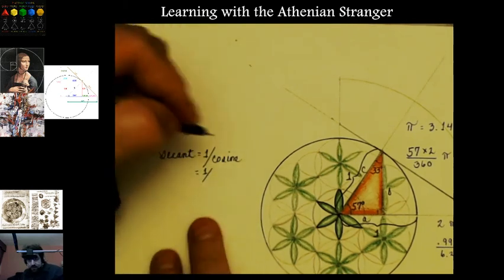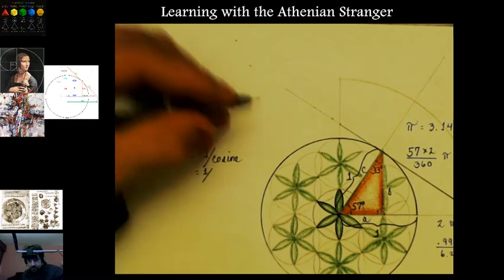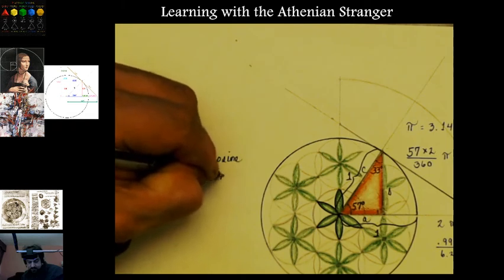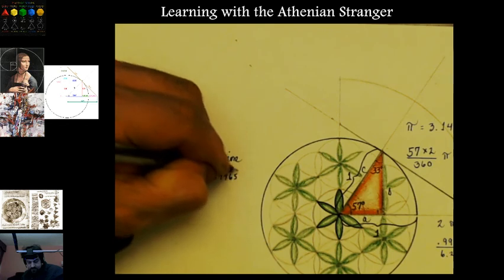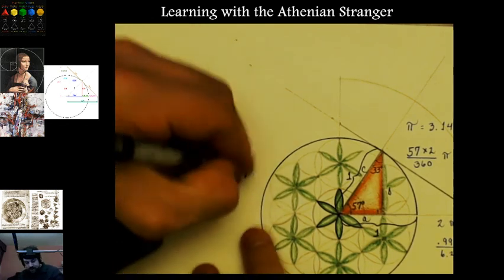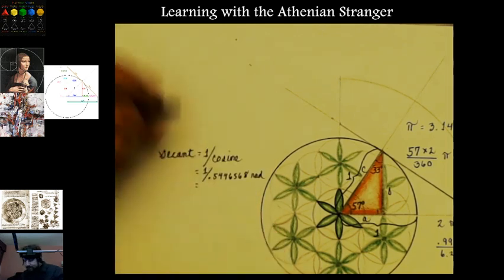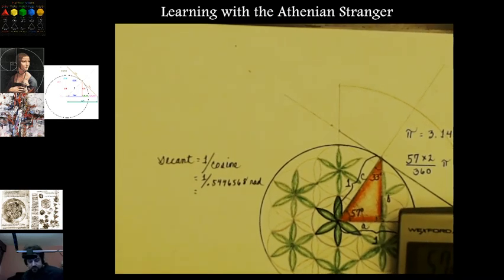So 1 divided by the cosine of 57 degrees, for a unit circle of radius 1, is 1 divided by 0.5446568 radians. So let's get that. This will be the radian measurement of the secant of 57 degrees.